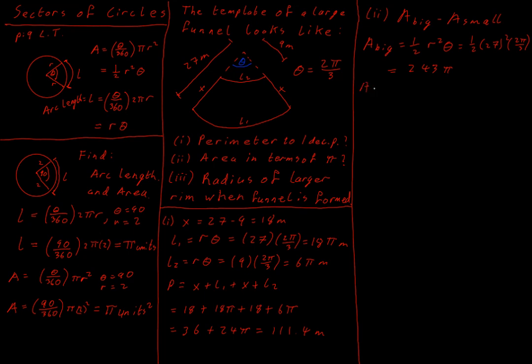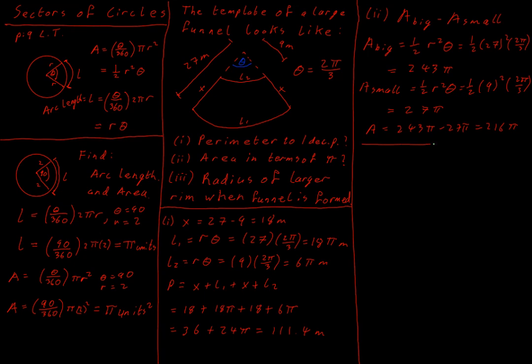And then the area of the small, again write down our formula. It's going to be 9 for the radius. It'll be 27 pi, and then our area is going to be 243 pi minus 27 pi, which ends up being equal to 216 pi.